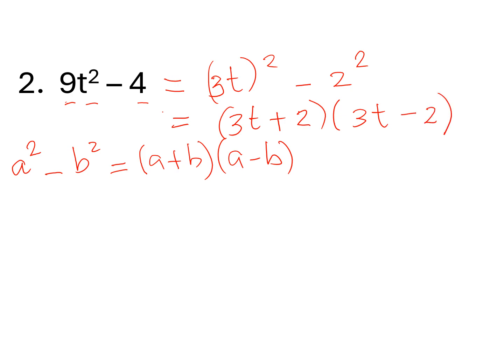So, therefore, these are the factors of the given polynomial expression. Again, the quantity 3t plus 2 and the quantity 3t minus 2 are factors of 9t squared minus 4.